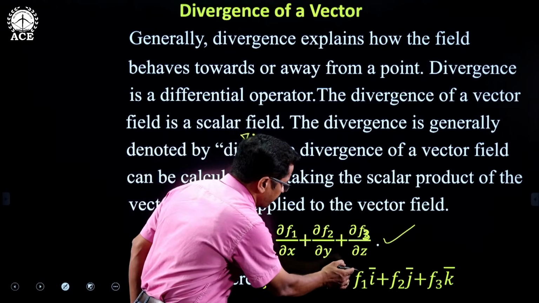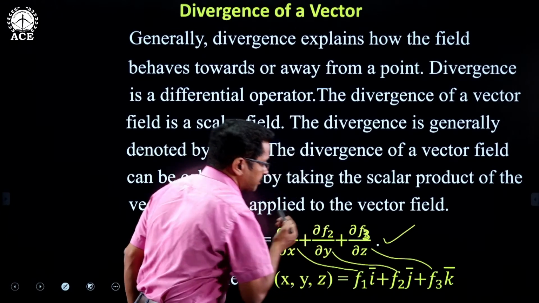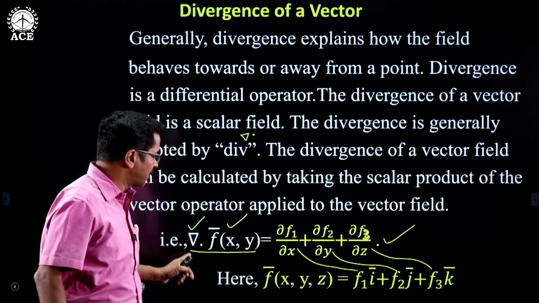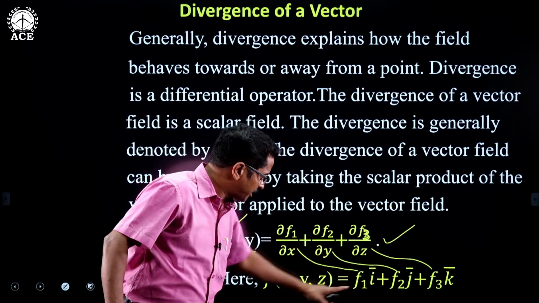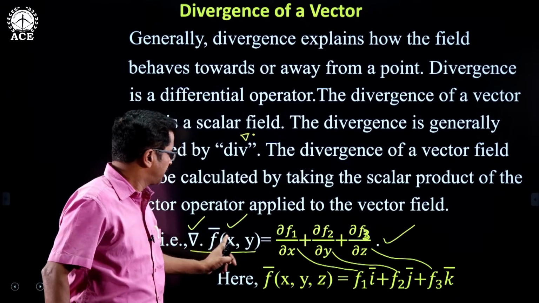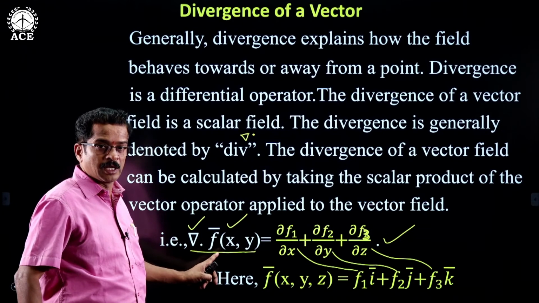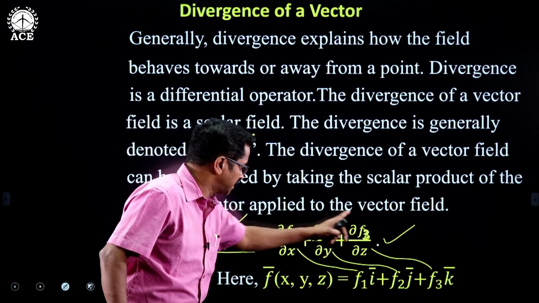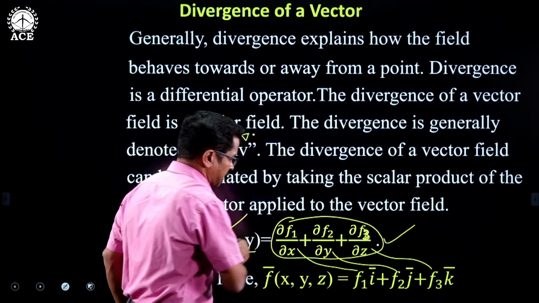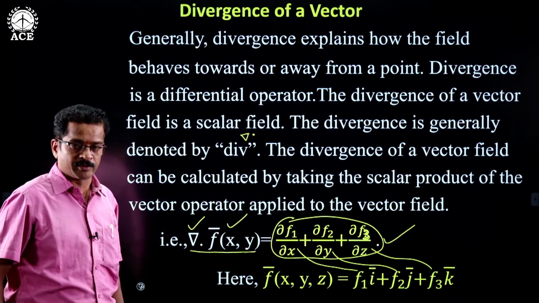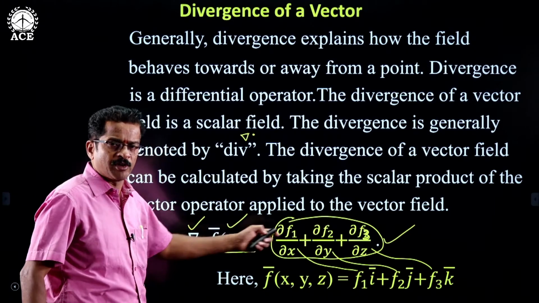So if the vector point function is given in this form, the divergence of the vector function is written in this way. This is the formula you use for finding the divergence of a vector function.